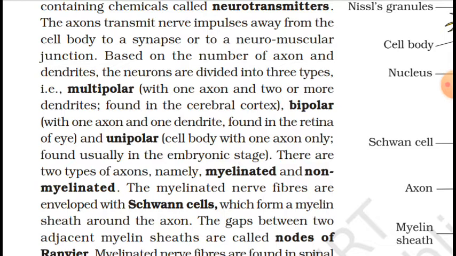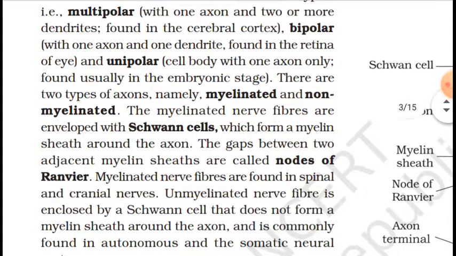Now, further structure of the neuron. If we talk about types of axon, there are two types: myelinated and non-myelinated. Myelinated nerve fiber is enveloped by Schwann cells, which form the myelin sheath around the axon.